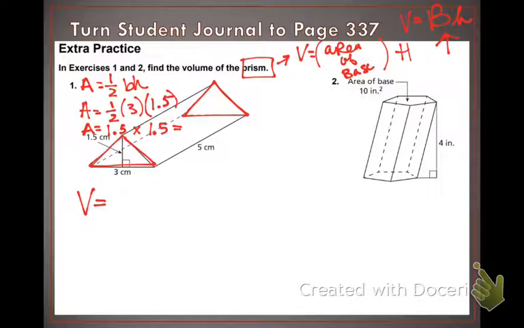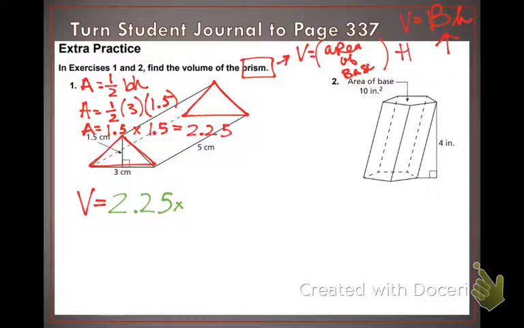It is not 3. It's 2.25, because 15 times 15 is 225 too. So volume equals the area, which is 2.25, times the height.